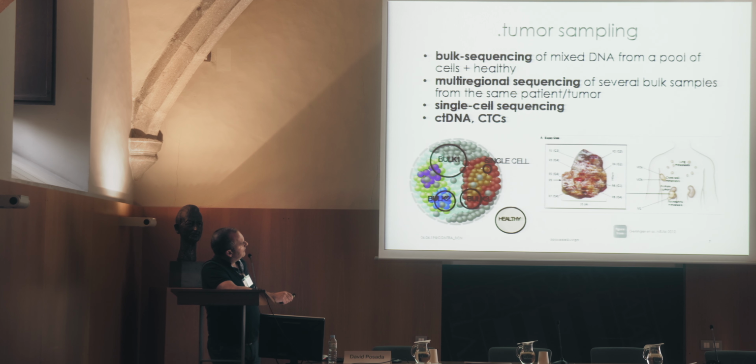Another strategy that has appeared in recent years, not in the clinical setting, but in the academic setting, is multi-regional sampling, okay? Logically, we get a better picture of the whole tumor if we get different spatial samples. It's very obvious, right? And of course, the standard way of sampling a tumor is bulk.